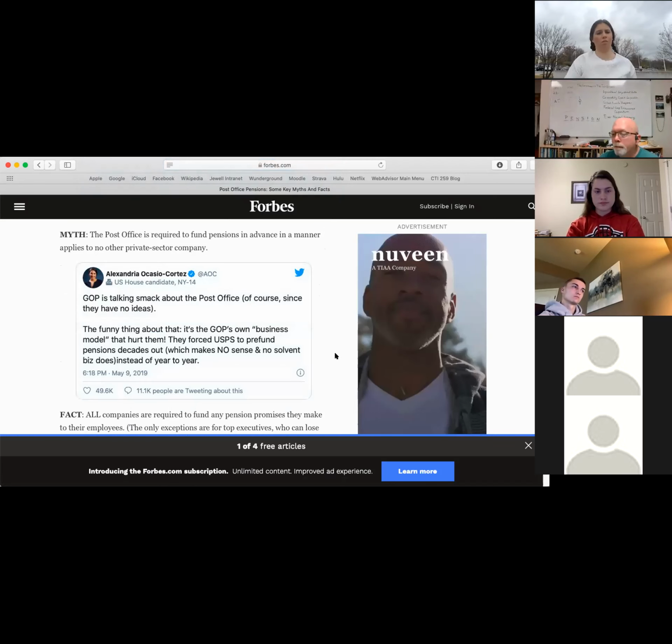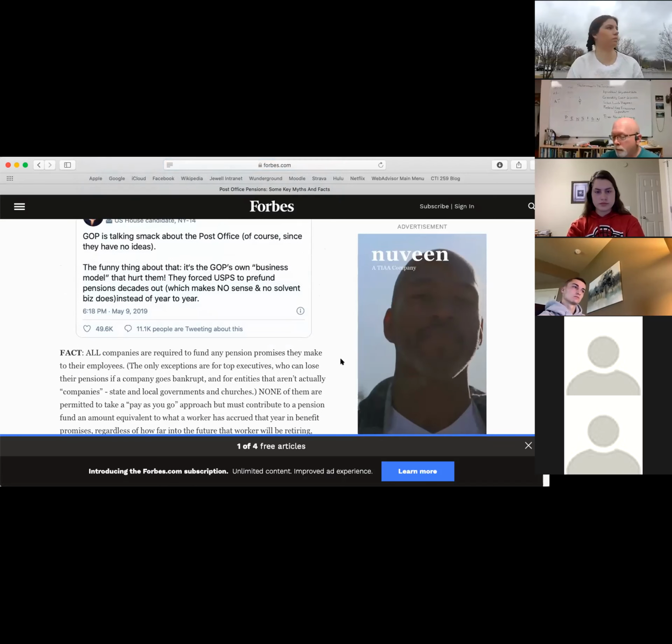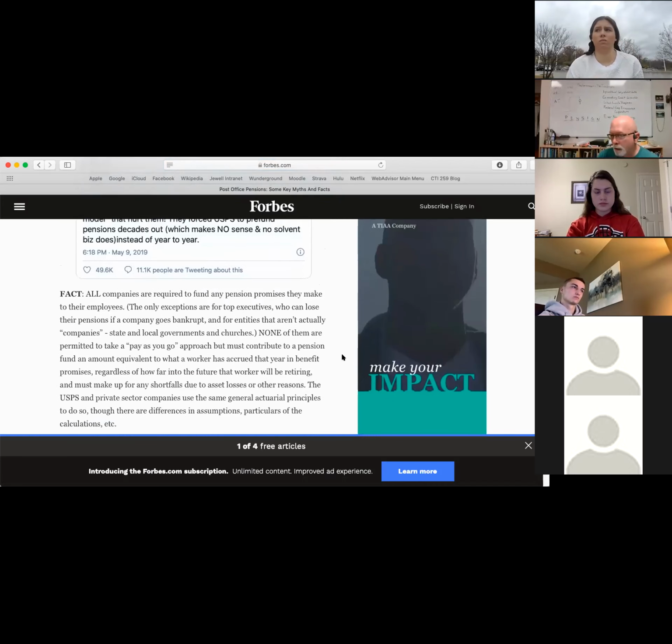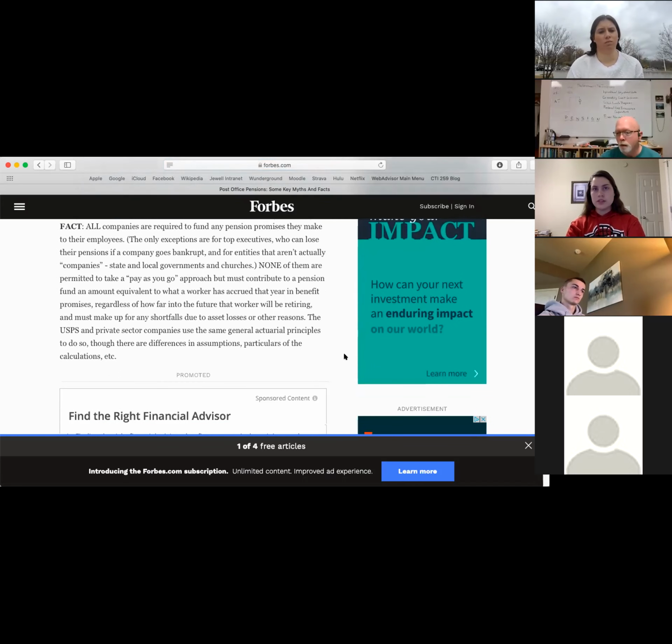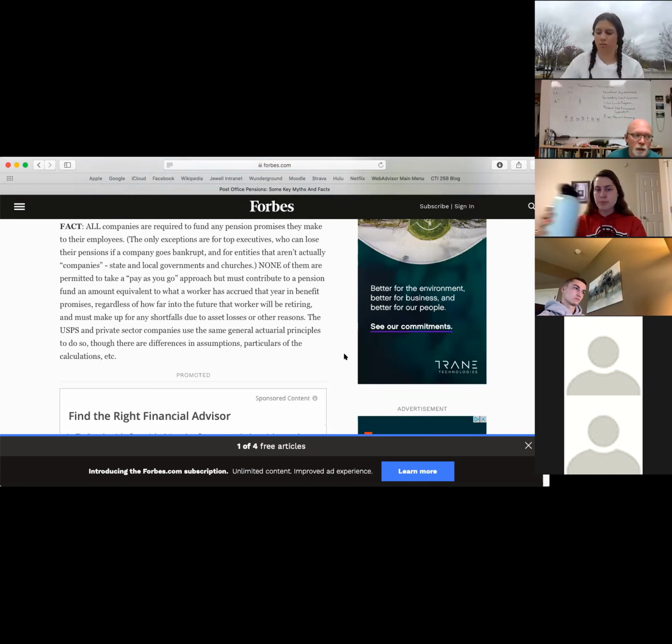And so there was this move to, in theory, protect the pensions of postal employees by guaranteeing that there was enough cash on hand to do this for some ridiculous amount of time into the future. But the end effect of that has basically been that they've been running the Postal Service on much less money than they could, because a certain amount of the money that comes into the Postal Service has to be earmarked for pensions.